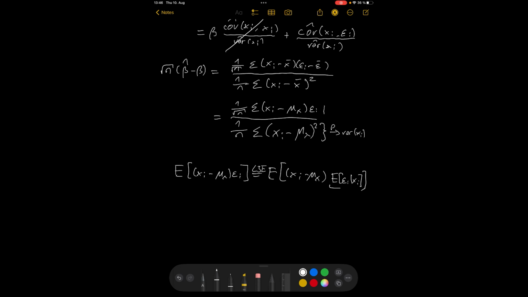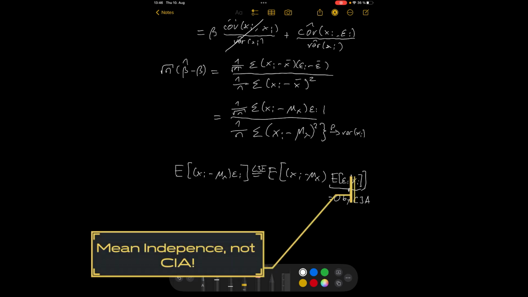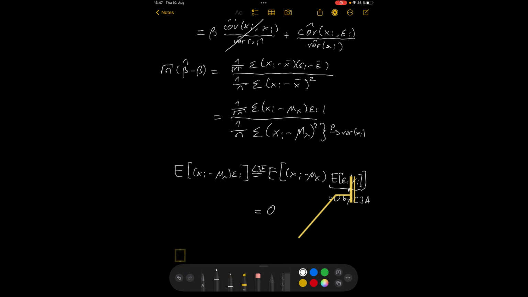Now this is 0, by the conditional independence assumption, which means this whole thing becomes 0. Great. We've got the mean of our normal distribution when we apply the central limit theorem.